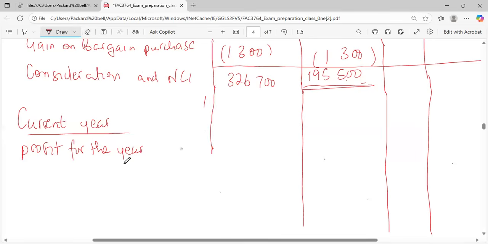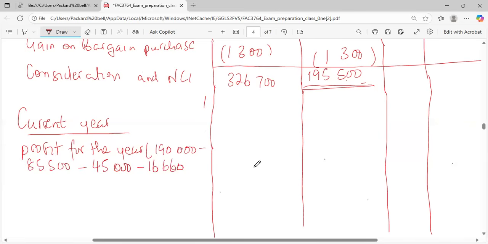Right, so I wanted to do the profit for the year. So we can say 190,000 minus 85,500 minus 45,000 minus 16,000.